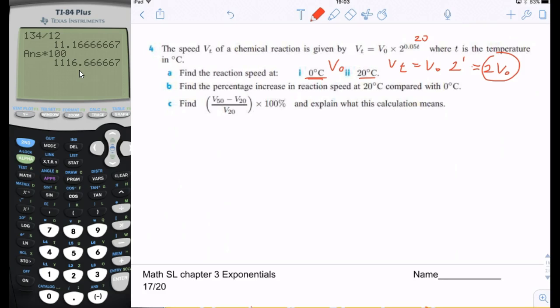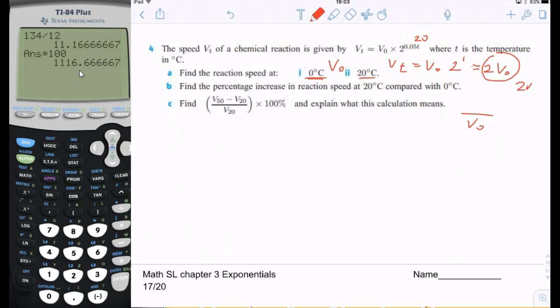Find the percentage increase in reaction speed at 20 degrees compared with 0 degrees C. Okay. Again, in the denominator, you're going to have the original speed, which is v0. In the numerator, you are going to have the increase in speed. So you're going to have the new speed, which is 2v0. You're going to subtract the old speed, which is v0.